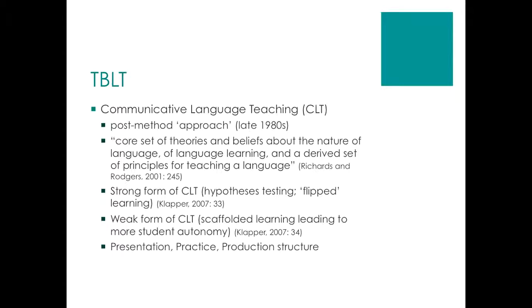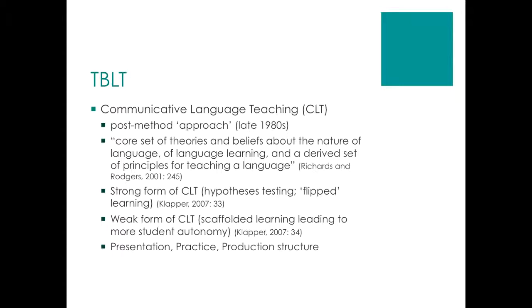In a weaker form of communicative language teaching, the teacher has a slightly more involved role in what goes on in the classroom. For example, the teacher will be more actively involved in scaffolding learning from lesson to lesson in order to help the student progress to a stage where they can have more learner autonomy, where they can have more influence over the way in which they are choosing to learn and to use the target language.